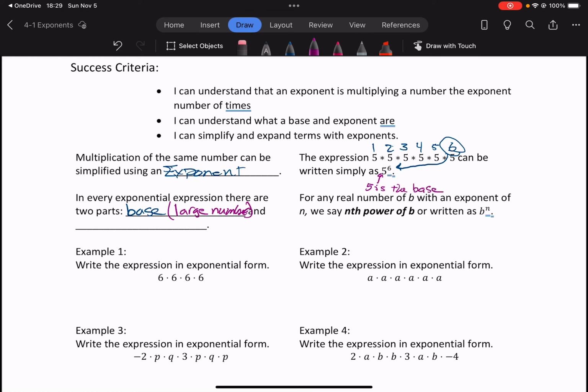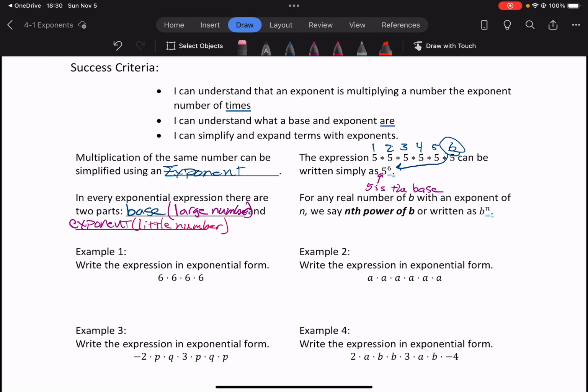The other part is the exponent, or the little number. So for any real number b with an exponent of n, we say the nth power of b, or b to the nth power is another way you'll see it. That's usually the way I will say it.